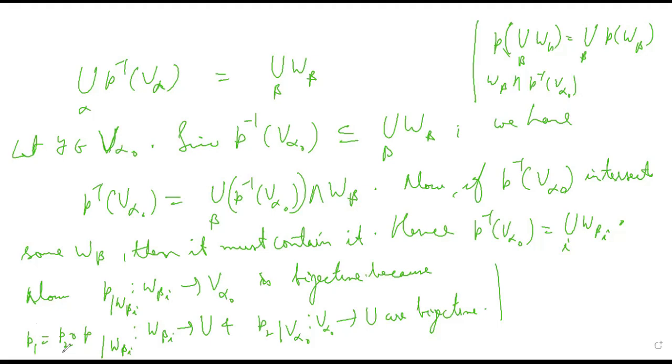So you just see here that because P1 restricted over this is bijective, in particular injective, so hence P becomes injective, right? And so P is injective, and hence this restriction is injective.